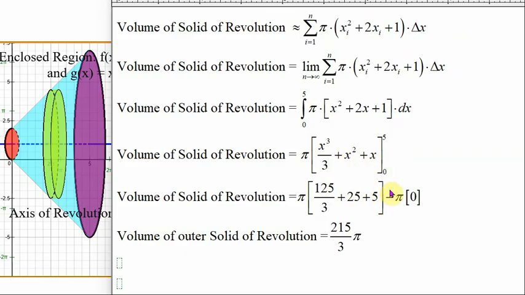Simplifying everything, we get 215 over 3 times pi. And so the volume of this outer solid of revolution is 215 over 3 times pi. Now let's go find the volume of the inner solid of revolution.